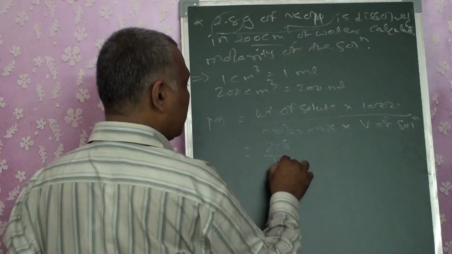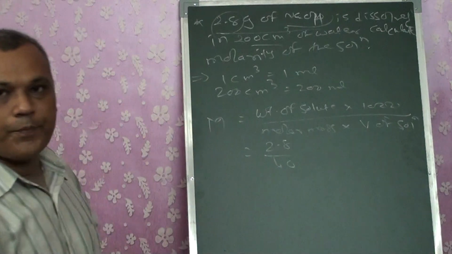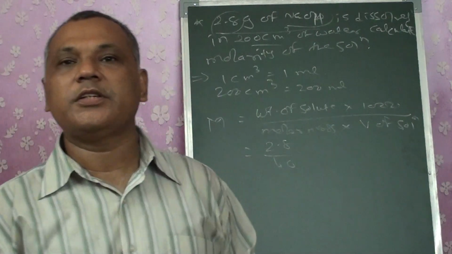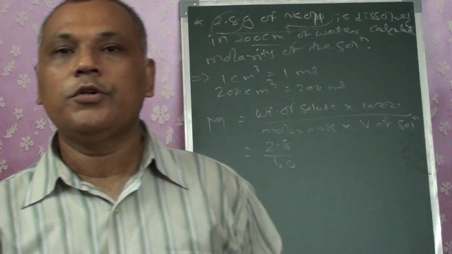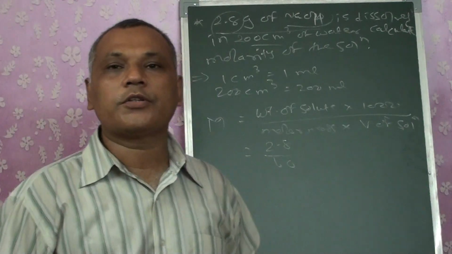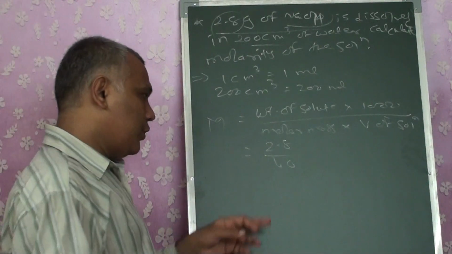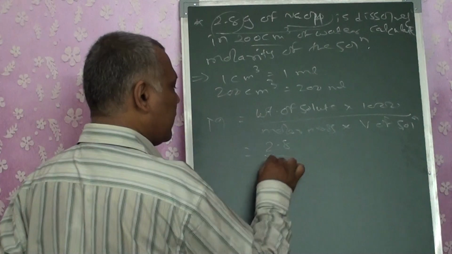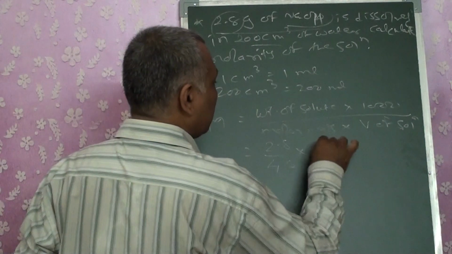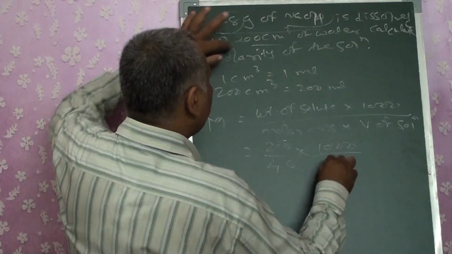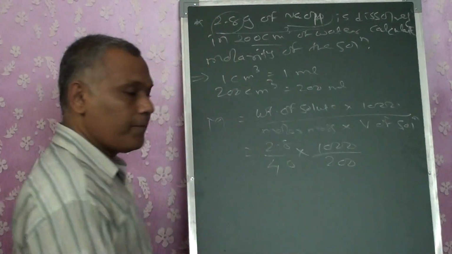Molar mass of NaOH is 23 plus 16 plus 1: 23 for sodium, 16 for oxygen, 1 for hydrogen. So total molar mass you will get is 40. Times 1000, and the volume given to us is 200.